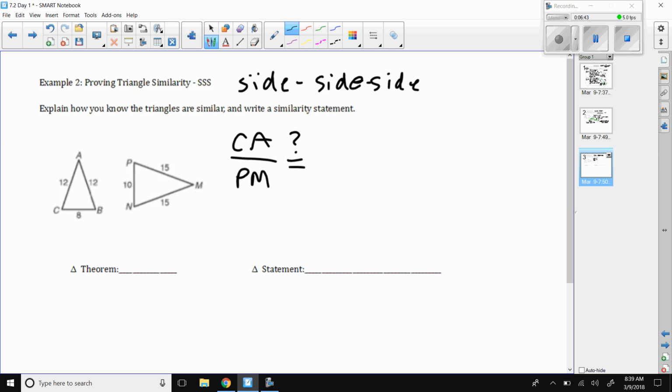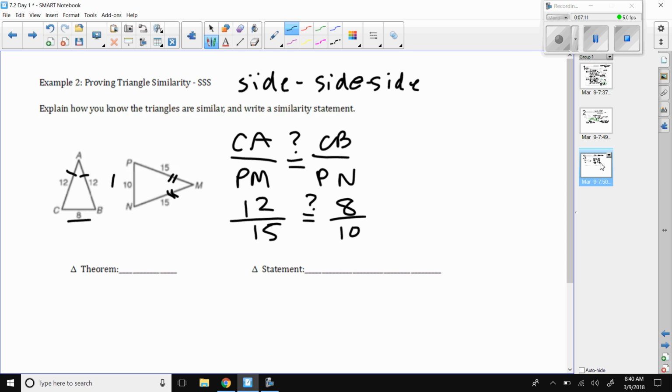Is that going to be equal to the proportion that I have? I'm not going to choose these same sides. Remember, these are isosceles triangles, so those are going to be the same. I want to check the bottom ones, PN, which means that I have 12 over 15 equal to 8 over 10.